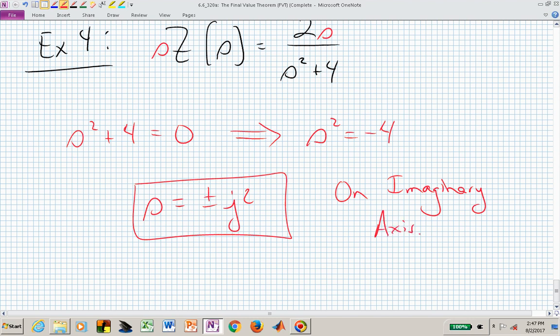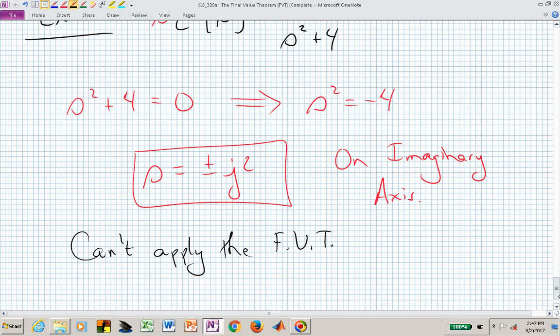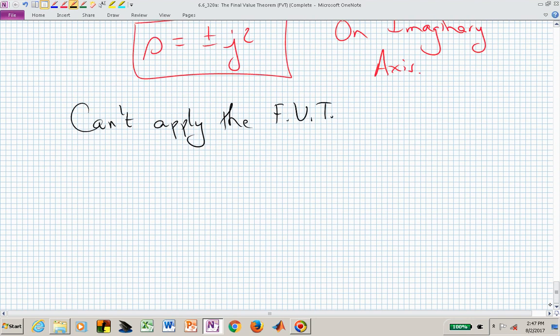Those now are on the imaginary axis, and one cannot apply the final value theorem.